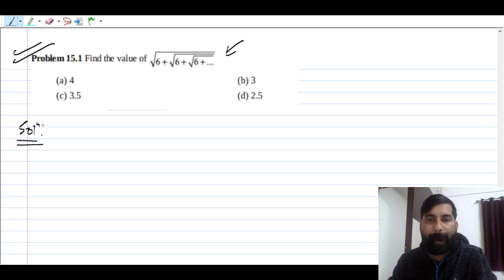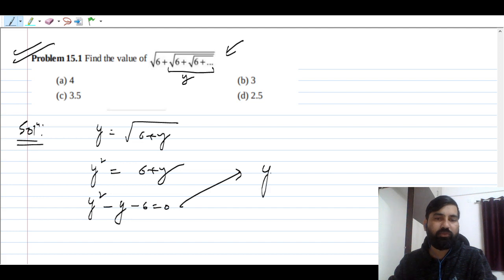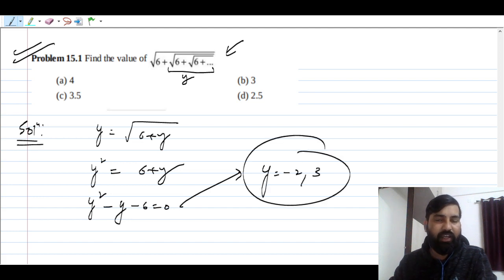Yeah. So what we can do here is we can take this as y. Okay, so y equal to root of 6 plus y, so y square equal to 6 plus y, y square minus y minus 6 equal to 0. And if you solve this, you will get y equal to minus 2 and 3. But this minus 2 is not allowed, I believe.